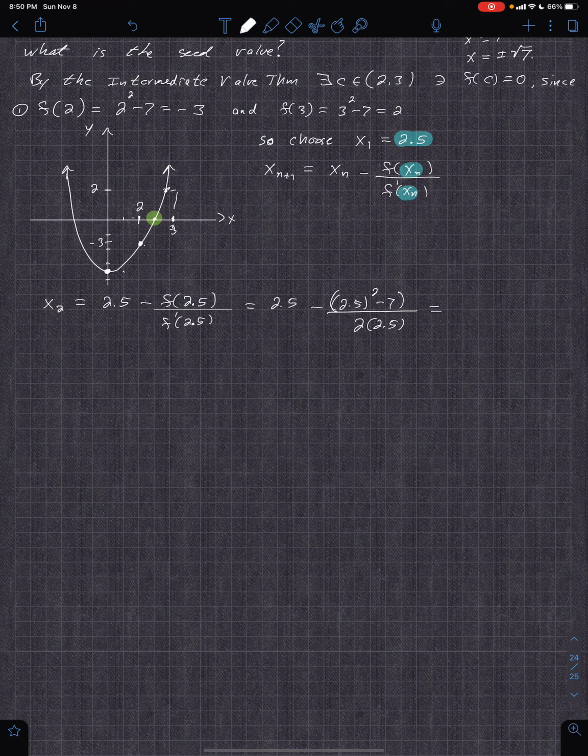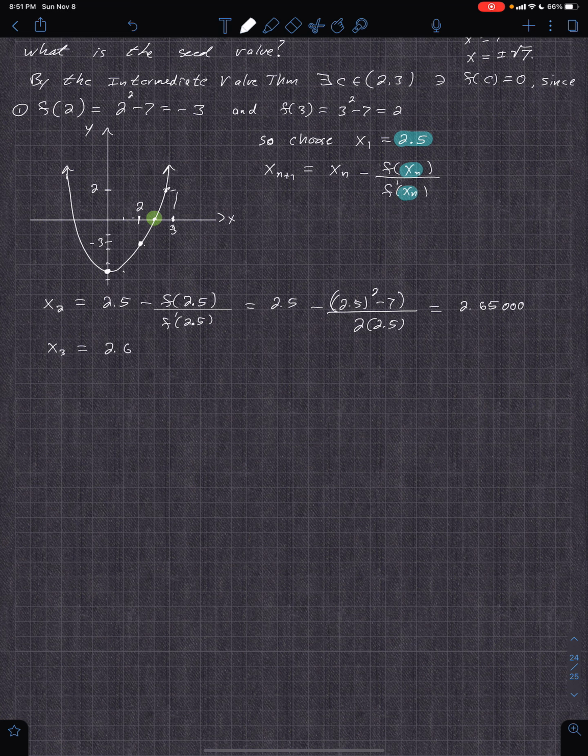Try that on your own, and you get 2.65 and then a bunch of zeros. So that's your next seed value. That's x sub 2, but that's what you use in that formula.